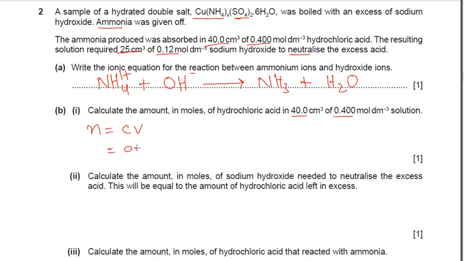So I'm going to put the value of concentration, which is 0.400, and multiply it with the volume, which is 40.0 divided by 1000, so that the volume in cm³ is converted into dm³. To convert cm³ into dm³, we divide by 1000.